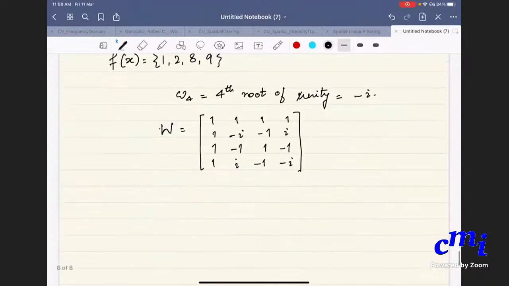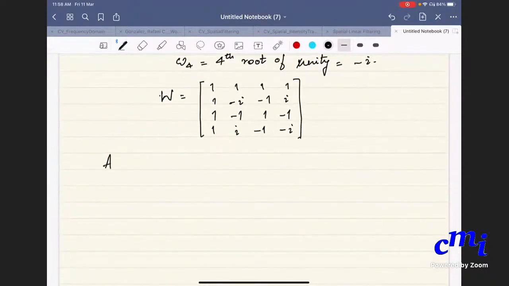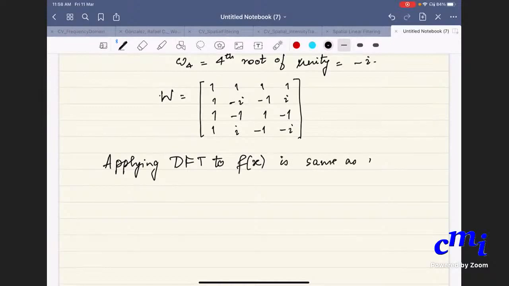Applying the DFT to the image f of x is the same as applying W to f of x.